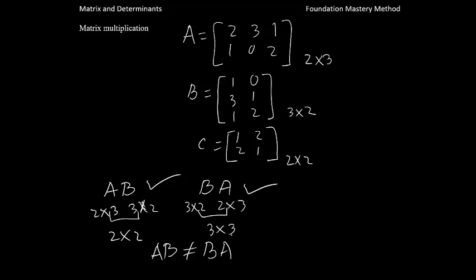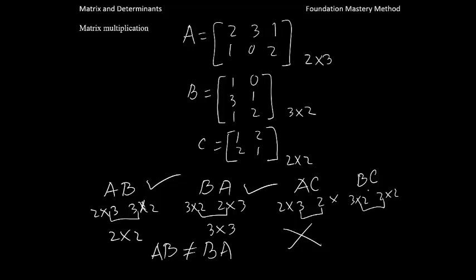Now let me see what happens to AC. The order of A is 2 by 3 and the order of C is 2 by 2. We don't see matching, so it's not possible. Same way, if you see BC, the order of B is 3 by 2 and C is 2 by 2.